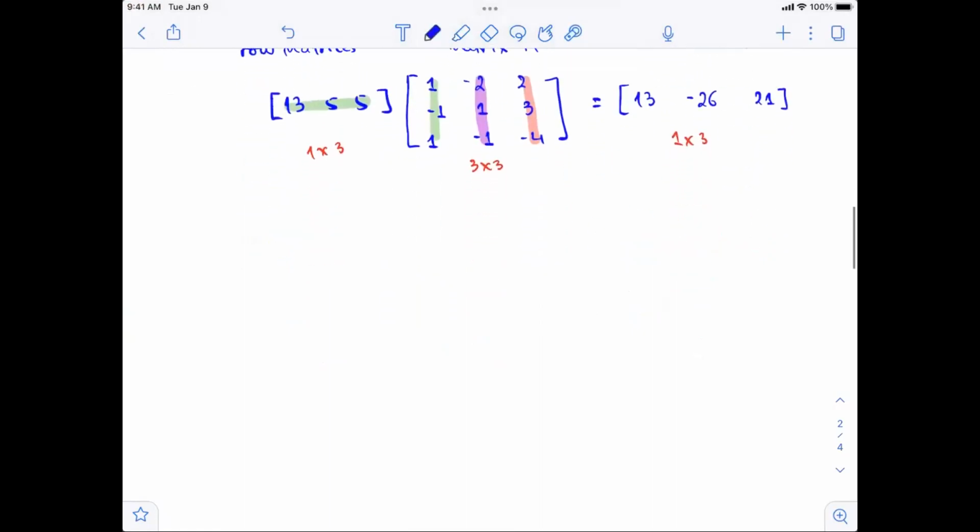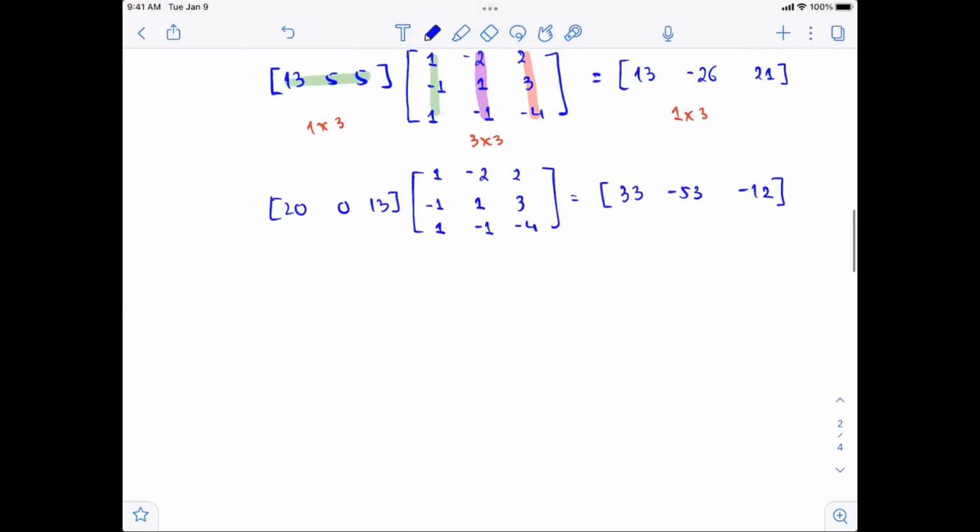The next row matrix that we're going to play around with is 20, 0, 13, multiplied with 1, -2, 2, -1, 1, 3, 1, -1, -4, and you get the row matrix of the form 33, -53, -12.